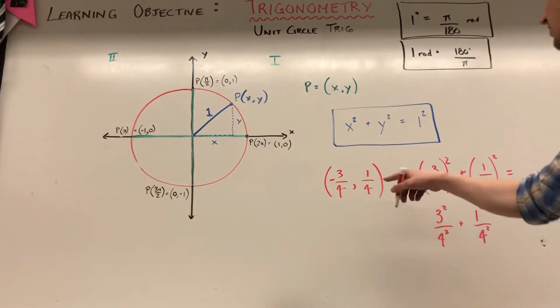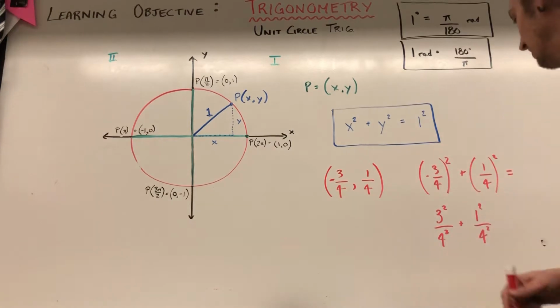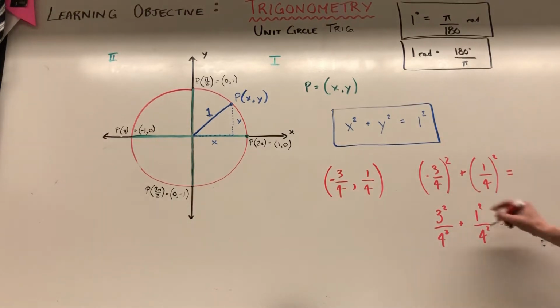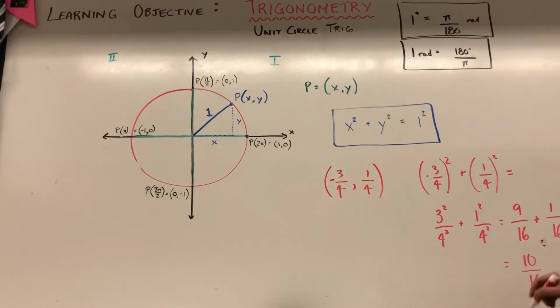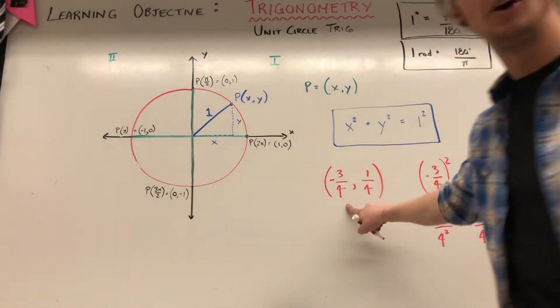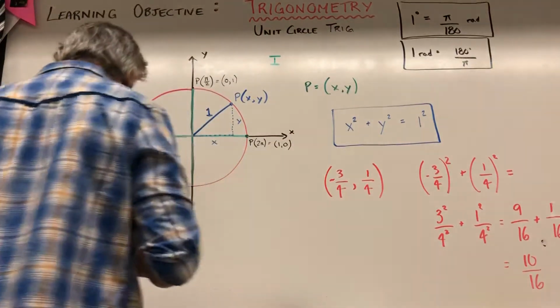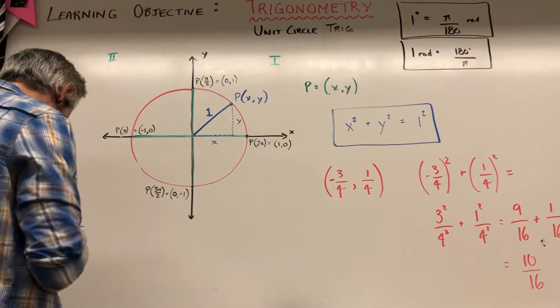The sign doesn't matter so much because when it's squared, it's going to disappear. This gives me 9 over 16 plus 1 over 16, which is 10 over 16. So this is not actually a point on my unit circle. Let's try a different one.